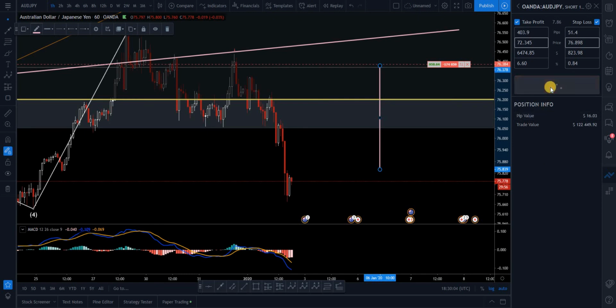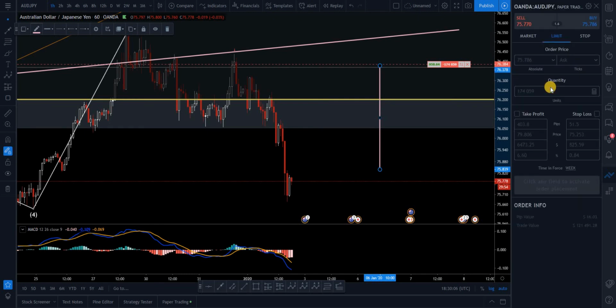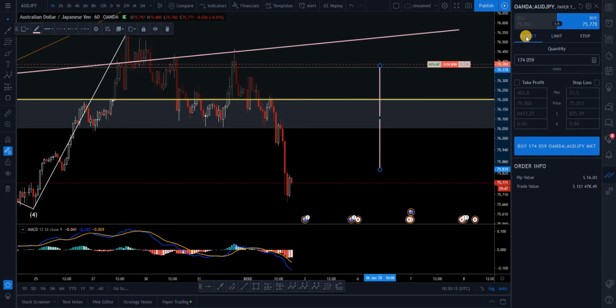Let's modify first of all. Because we're short, I'm looking to buy this market at market, and to halve my position, I'm buying 87,029.